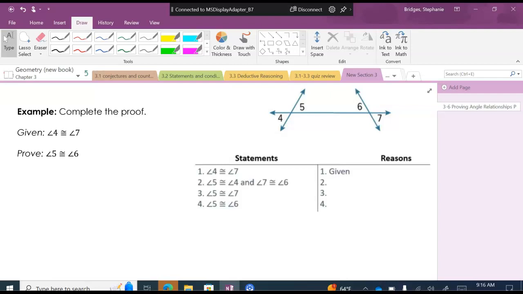It says angle 4 is congruent to angle 7, and that reason is because it's given.